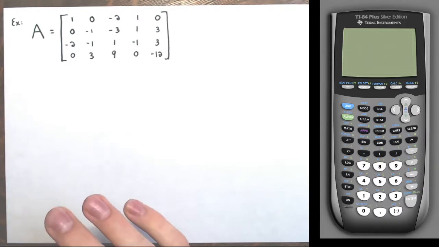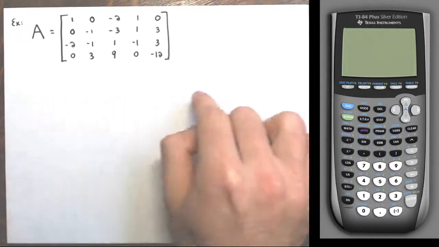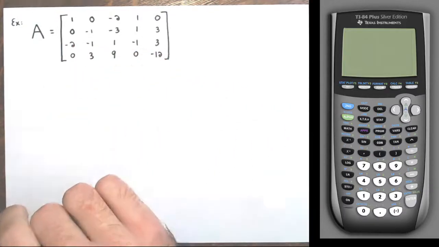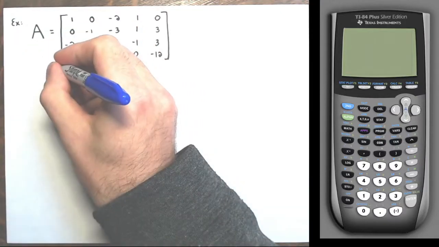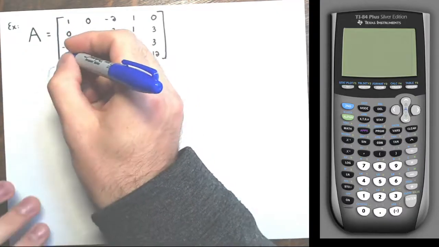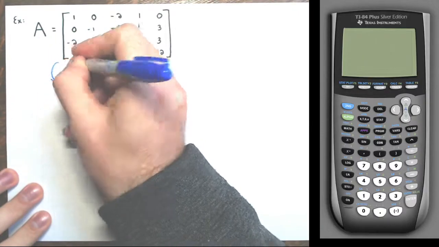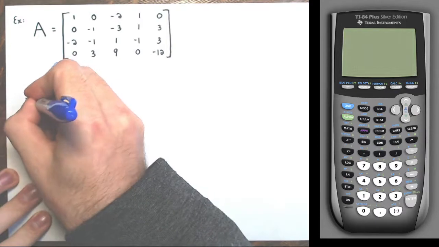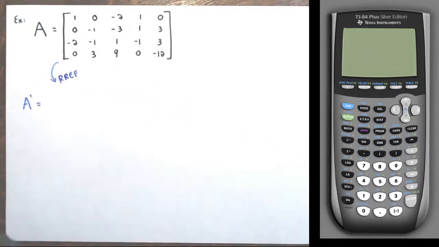It's going to be a dependent set. So I'm not going to write out the column space of A as the span of these 5 vectors. What I'm going to do is put this into reduced echelon form. We'll call this A prime or matrix B, whatever you want, and we'll talk about the column space and row space from there.